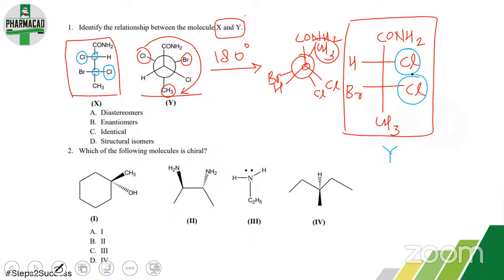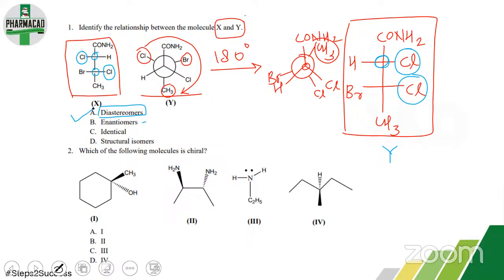It means the change in the position of atom is only at single position, this carbon. So you have to remember, whenever there is change at single position, the relationship in between those compounds is diastereomer. If we are having change at two positions, in that case, the relationship will be enantiomer. So the correct answer of this MCQ is diastereomers.